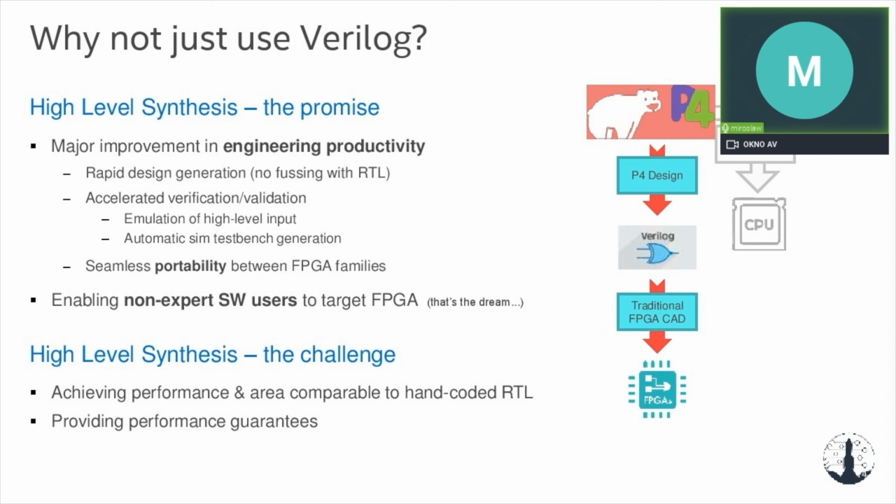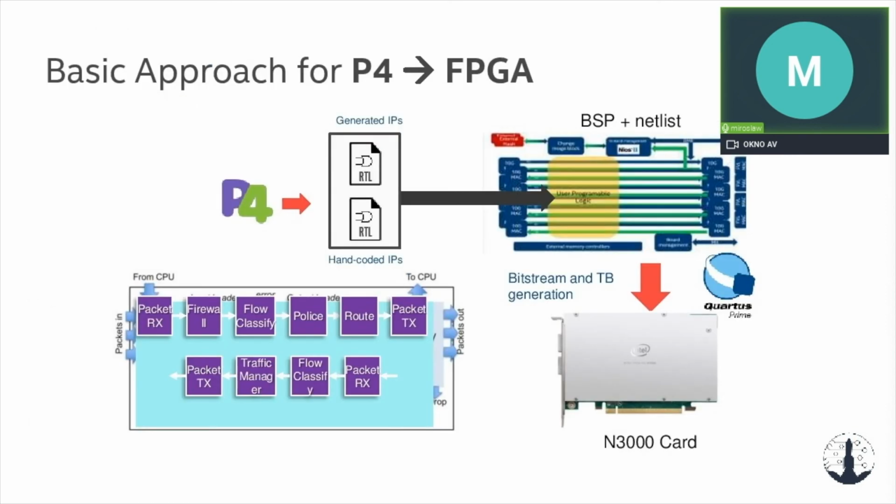Let me show. In the picture, we have the project, which could be connected; we have two options. One output is this generated IP, and the other output is the hand-coded IPs. Some hand-coded IP are encrypted by Intel.